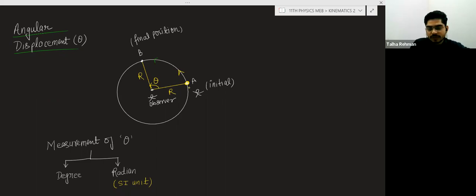In covering the whole circle, it will cover a 360-degree angle. Talking about radians, 360 degrees is equal to 2 pi. So this is in degrees, this is in radians.